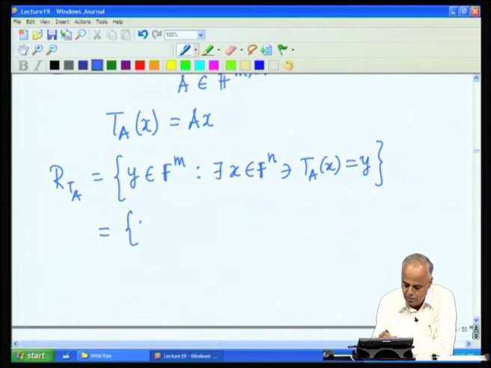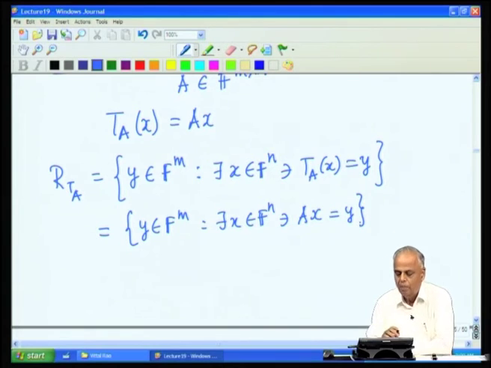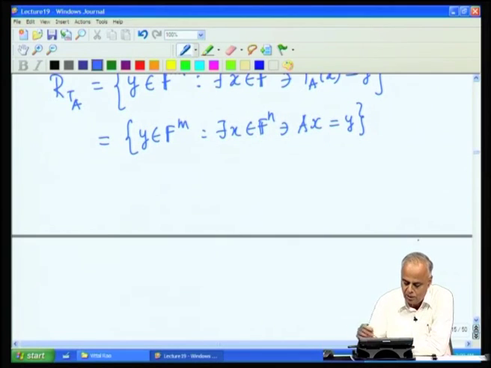This means we are looking at: there exists an x in Fn such that T_A of x, which is multiplying the vector x by the matrix, equals y. But this means we are looking at all those y for which the non-homogeneous system has a solution.